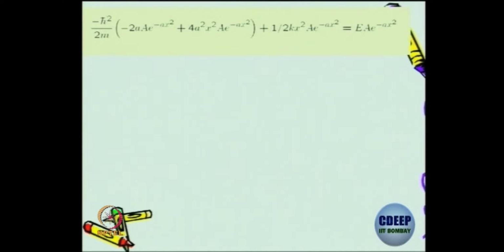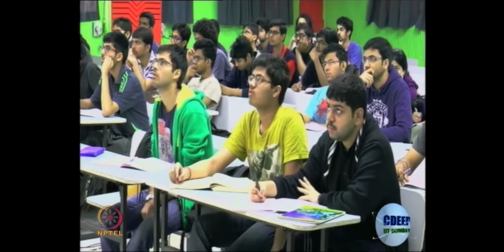But this is what you get. Then what do you do? It is still not clear to me that this is a solution. How do I check that? You have to compare both sides for every power of x, because this is valid for any x. So you should be able to compare left hand side and right hand side for every value of x.